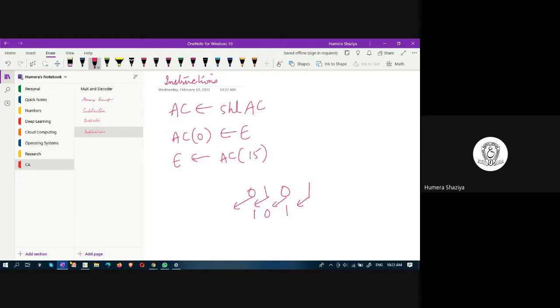When this 0 is out, you are putting this 0 into E. There is a flip-flop E. Then you are transferring whatever is there in E into AC of 0. So what happened here?